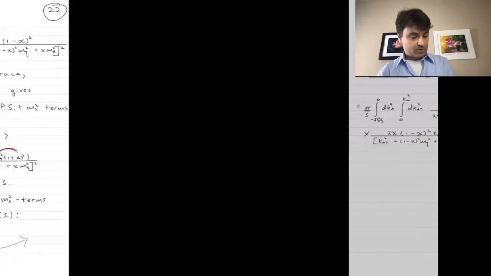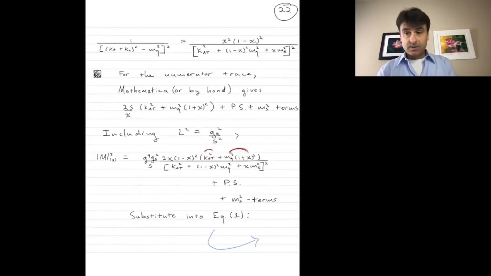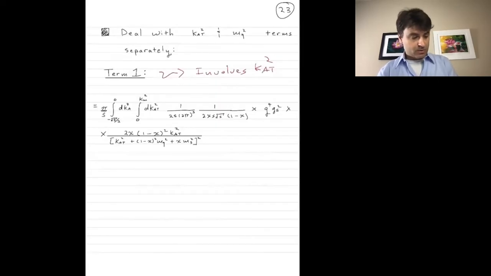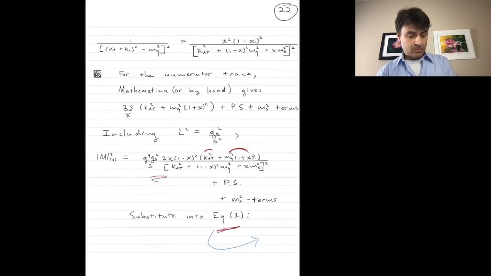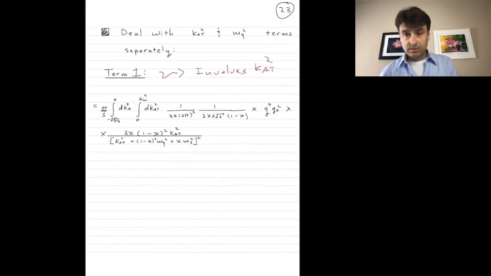Okay, so it's just this expression substituted into equation 1, and just looking at the KAT squared term. So confirm for yourself that when I substitute this into equation 1 and I drop the MQ squared term, take out a piece of notebook paper if that's necessary, confirm that this is what I get.